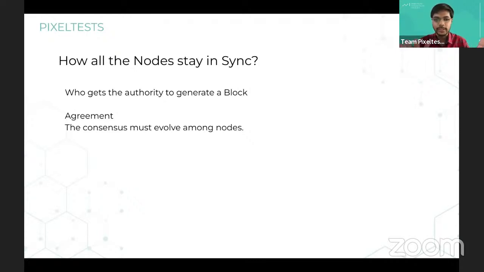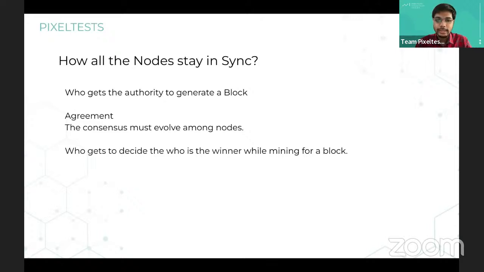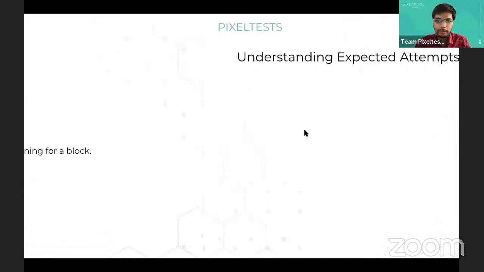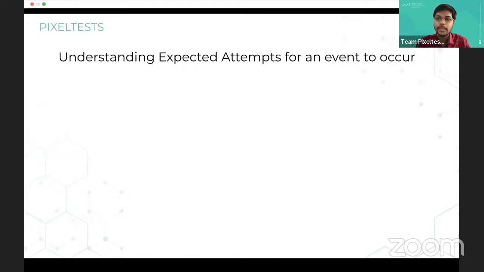So in this short session, we are going to understand more about one particular thing called nonce, right? So now who gets to decide who is the winner while mining for a block? That is what we have discussed. Before getting there, we'll try to understand the expected attempts for an event to occur, a little probability.